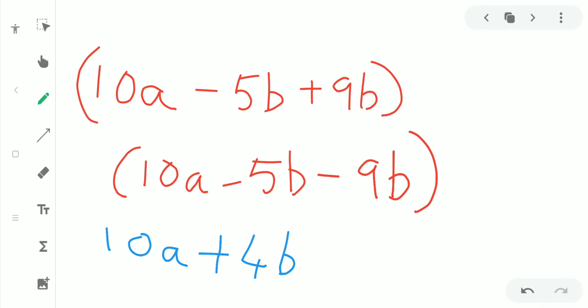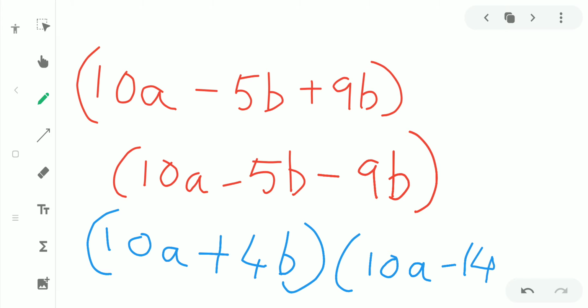I will get 10a plus 4b times 10a minus 5b minus 9b, that is minus 5 minus 9, nothing but minus 14. We will get 10a minus 14b.